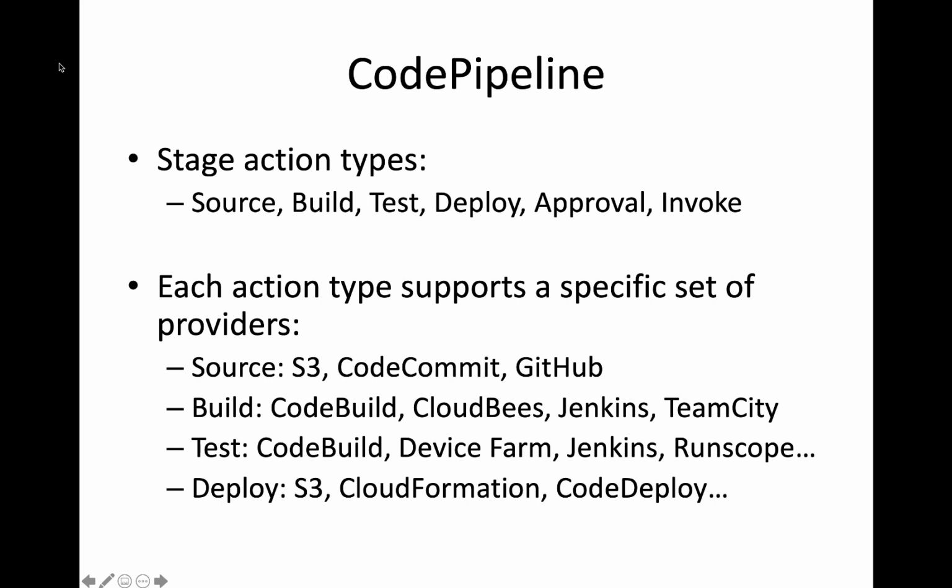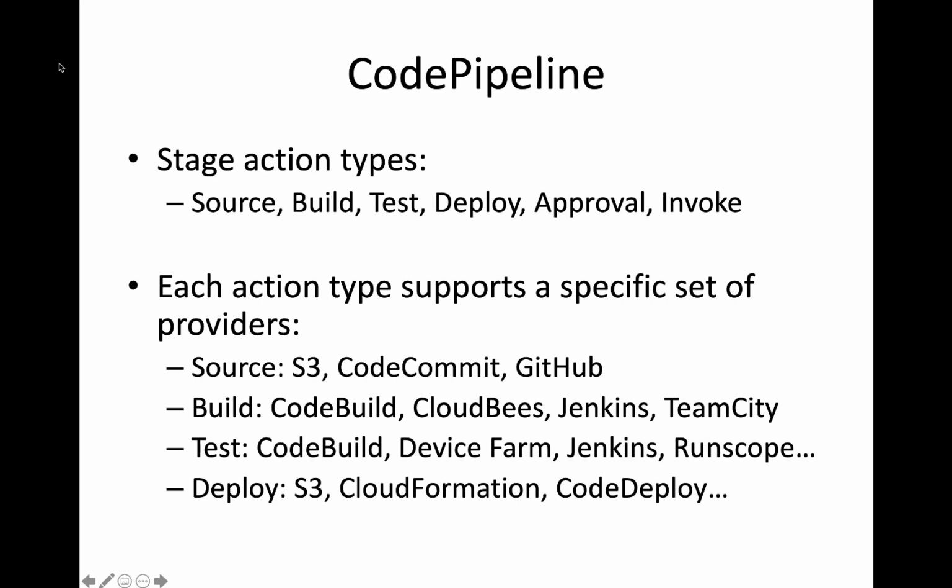There are a handful of different actions that you can define for each stage. So each stage has what we call an action type. There's a source action, a build, test, deploy. There's an approval action. You could have a stage that requires some sort of manual approval. That could be a stage where you are performing some sort of manual exploratory tests.